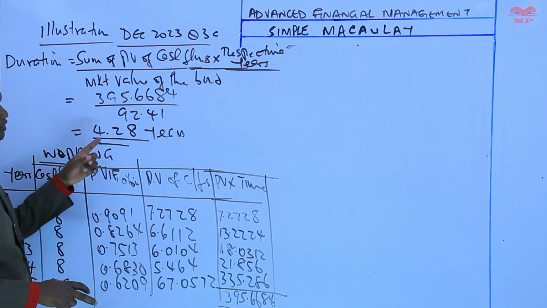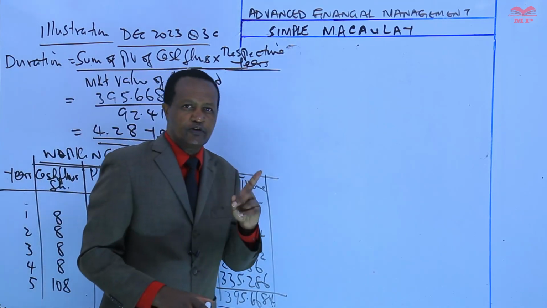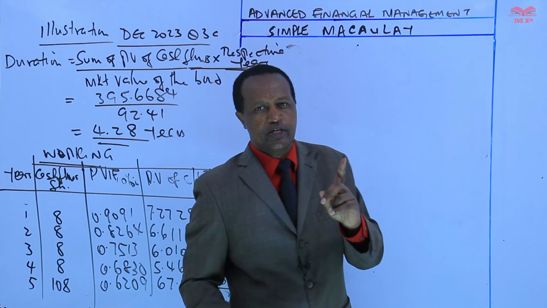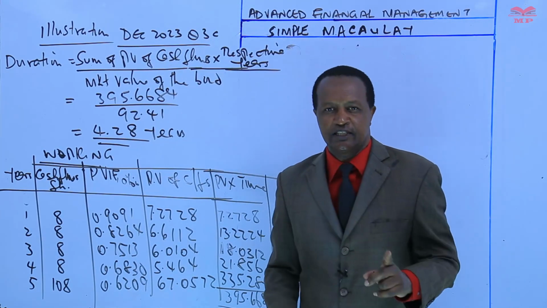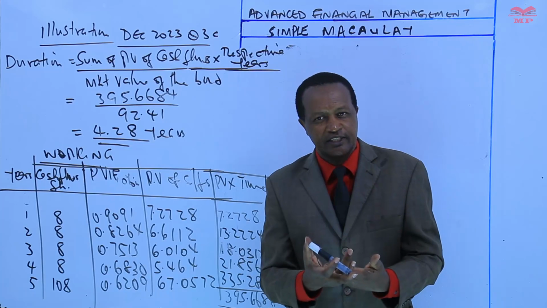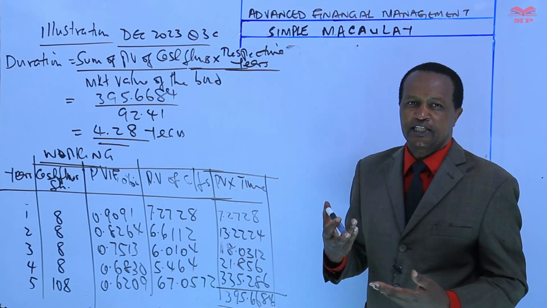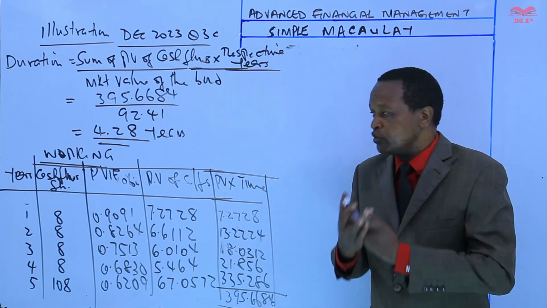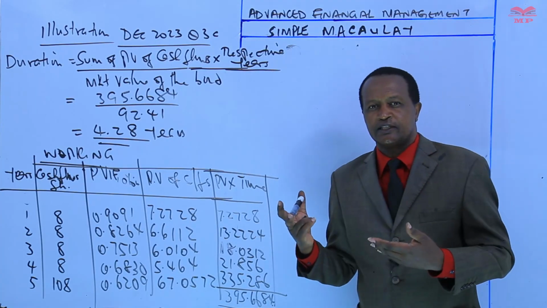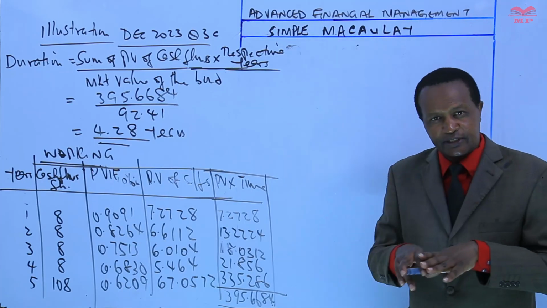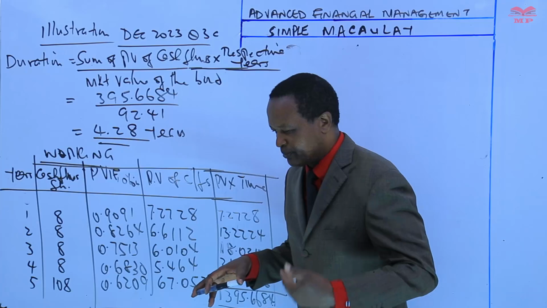The duration is 4.28 years. Now, a Macaulay duration of 4.28 years signifies the weighted average time it takes for an investor to receive the bond's cash flows, and in simpler terms, it indicates the average time until you get back your money.